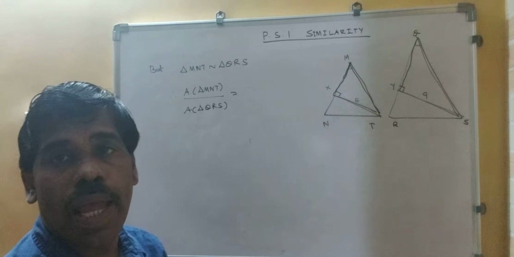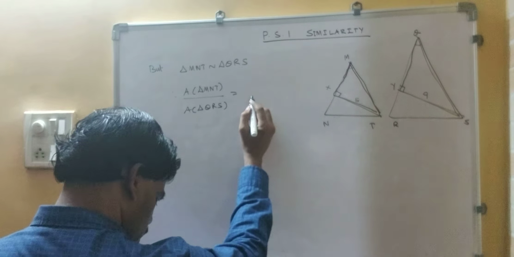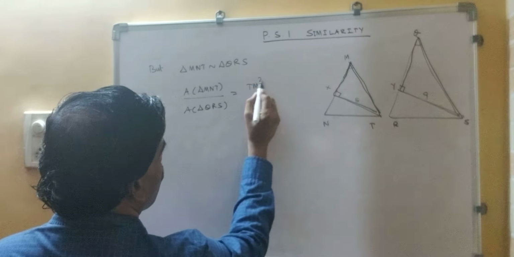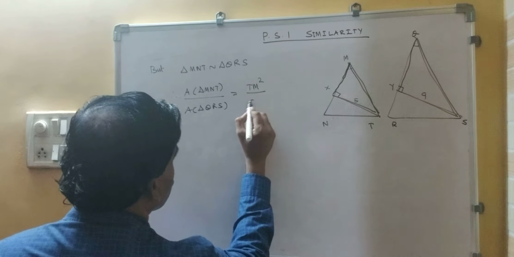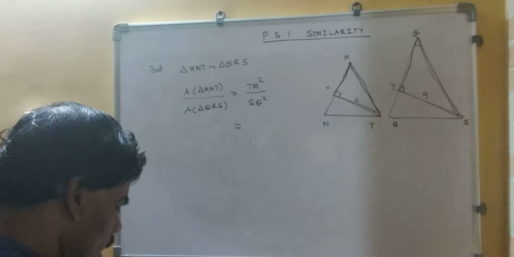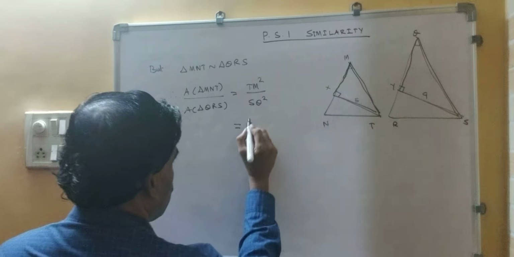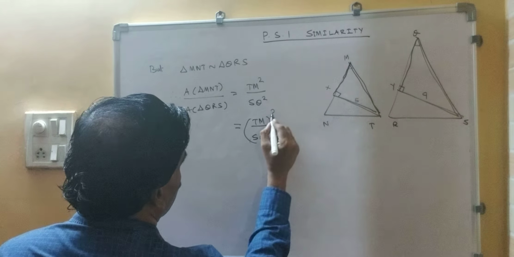Area of similar triangle theorem. So, it is equal to TM square upon SQ square, which is TM upon SQ the whole square.